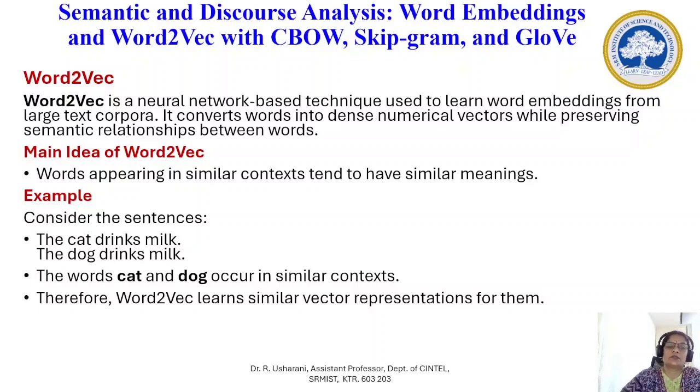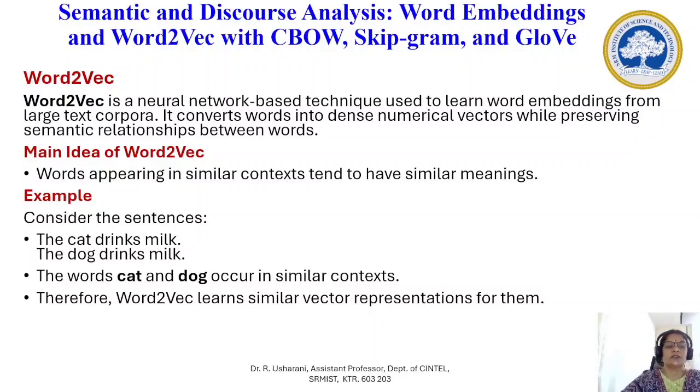Word to vec is a neural network model based technique. It is used to learn word embeddings from large text corpora. It converts words into dense numerical vectors while preserving semantic relationships between words. The main idea of word to vec is that words appearing in similar contexts tend to have similar meanings.